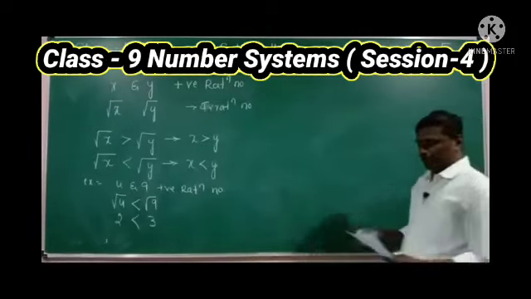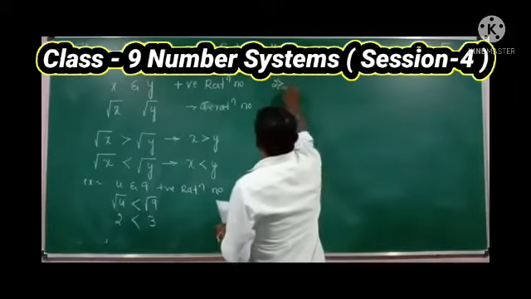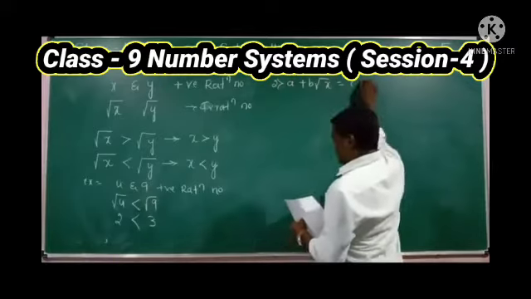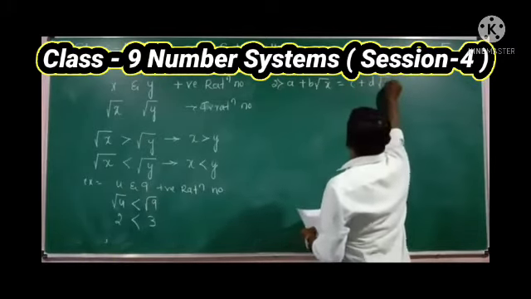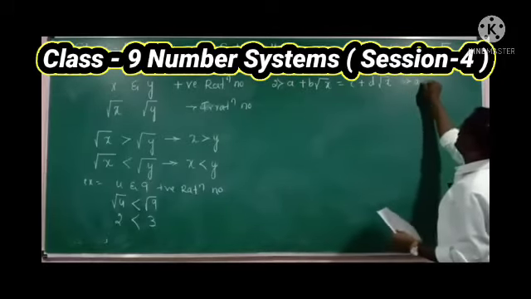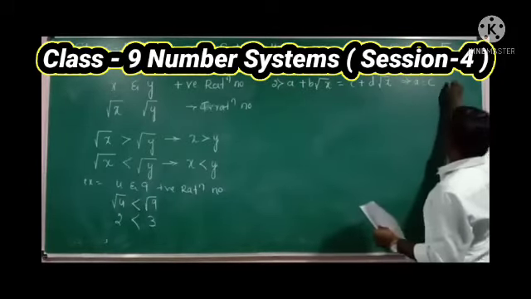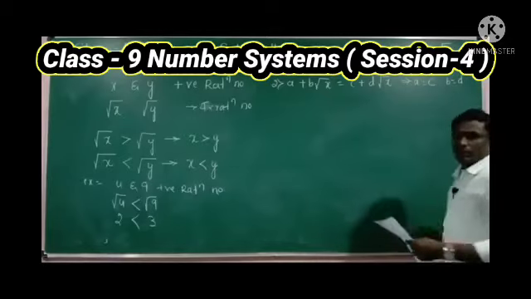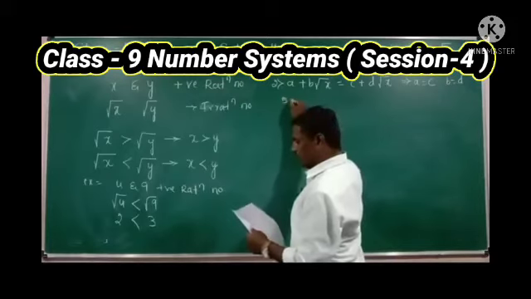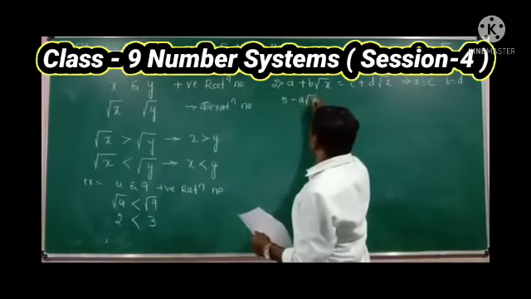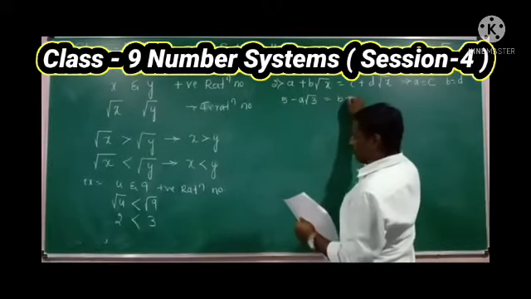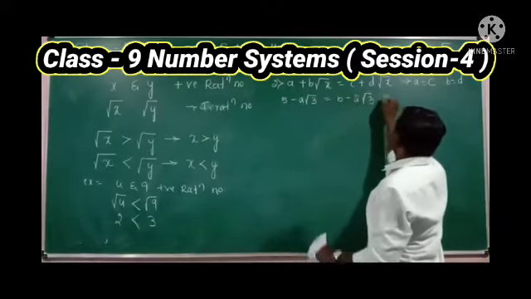Next, see the second condition. If a plus b root x is equal to c plus d root x, then it implies that a is equal to c and b is equal to d. For example, 5 minus a root 3 is equal to b minus 2 root 3.